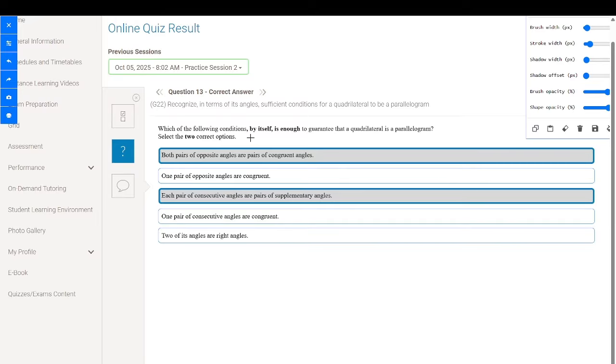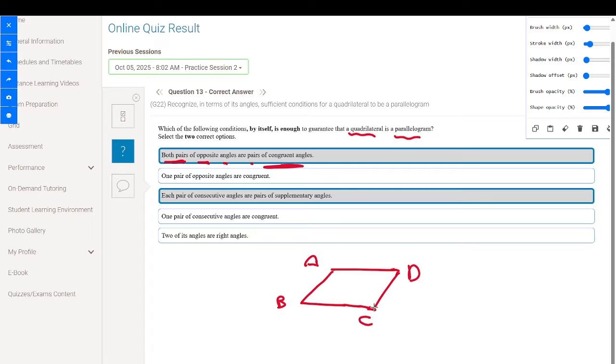Now, which of the following conditions by itself is enough to guarantee that a quadrilateral is a parallelogram? Okay, let's draw the parallelogram here. Let's say A, B, C, D. Now here it is saying both pairs of opposite angles are pairs of congruent angles.